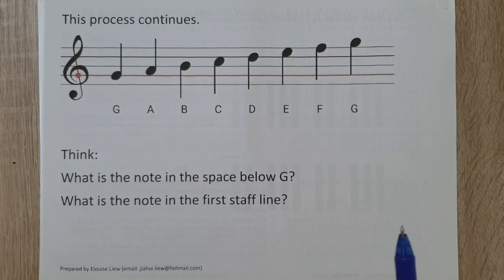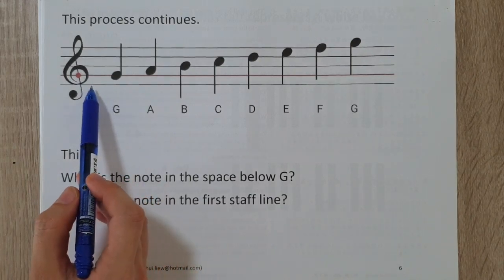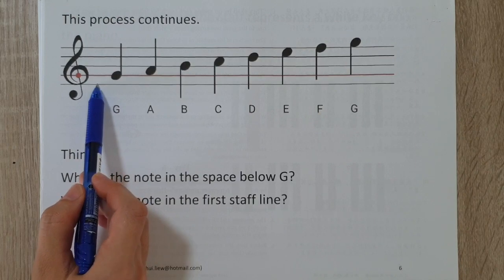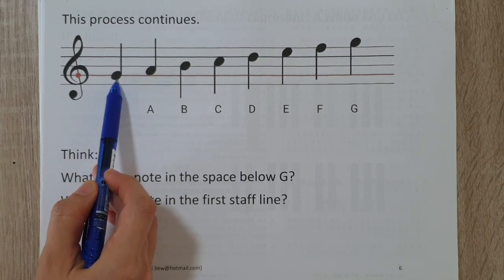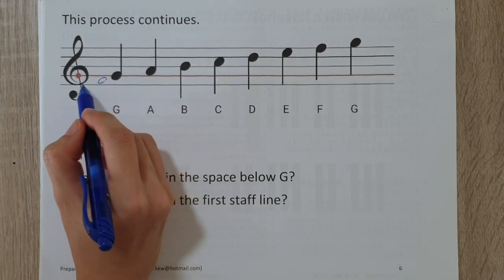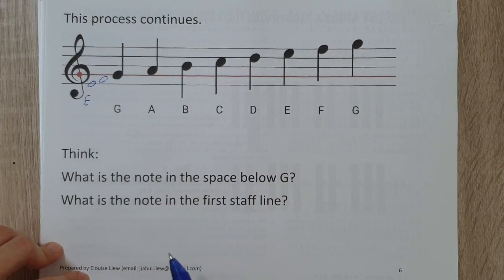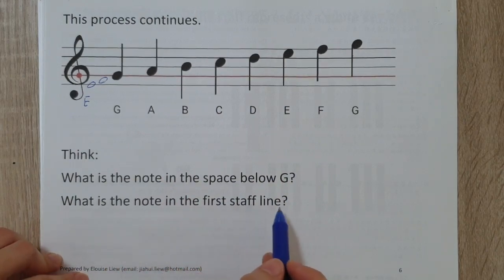Next, I want you to think, what is the note in the first staff line? Where's the first staff line? We count from the bottom, remember? So this is the first staff line. If this is G, then here will be F, and here will be E. So, what is the note in the first staff line?